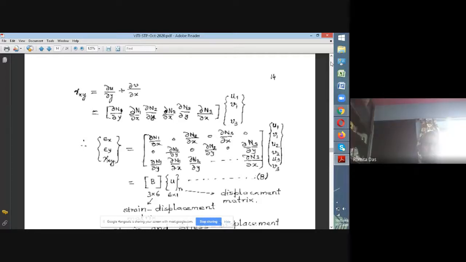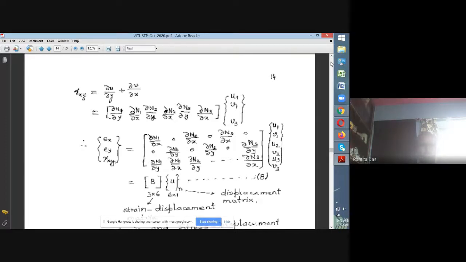But rationally, if one has to do it, one has to go by what is known as the consistent load vector. They are work equivalent. On a part of the boundary, the work done by the distributed load over the span of the segment should be equal to the work done by the nodal forces at the two nodes of the segment.